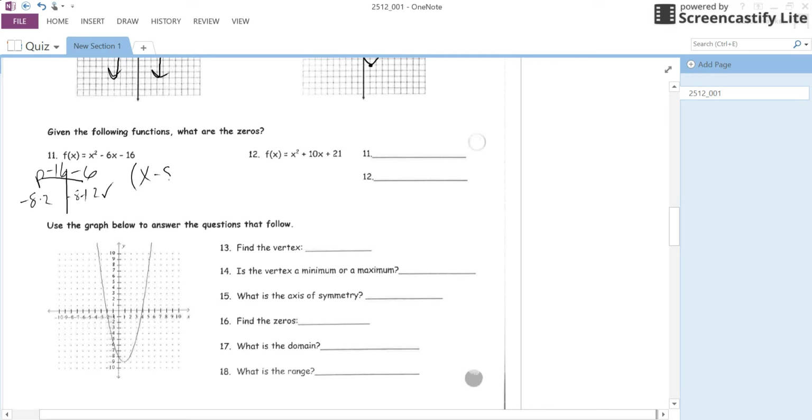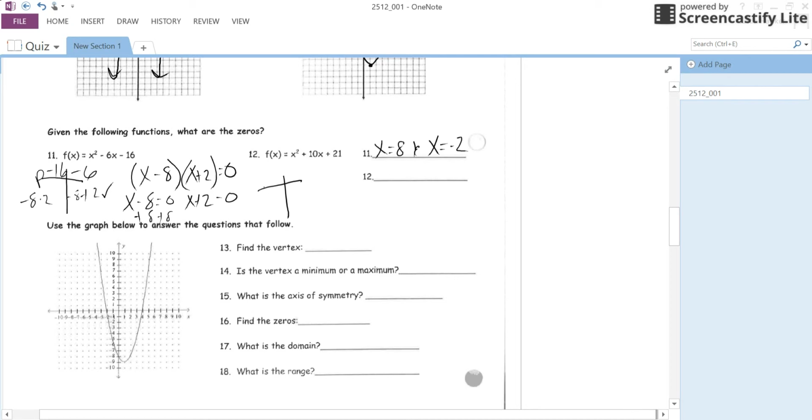So it's x minus 8 and x plus 2 is 0. I'm going to set these both equal to 0. And then I sum. Plus 8, plus 8. So x equals 8 and x equals -2.